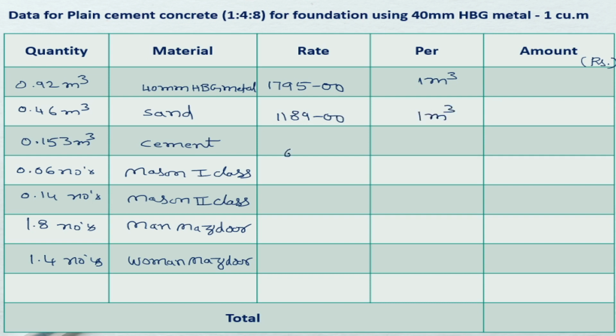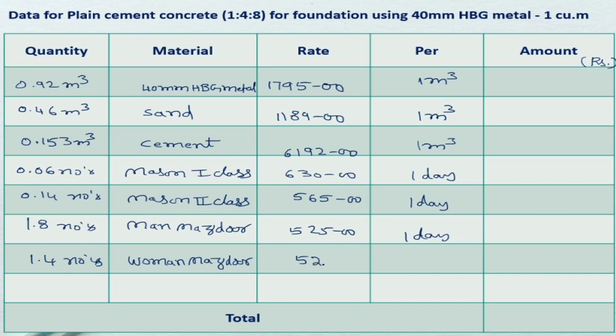Cement cost is 6,192 rupees per cubic meter. Mason first class wage is 630 rupees per day. Mason second class 565 rupees per day. Man mazdoor 525 rupees per day. Woman mazdoor 525 rupees per day.